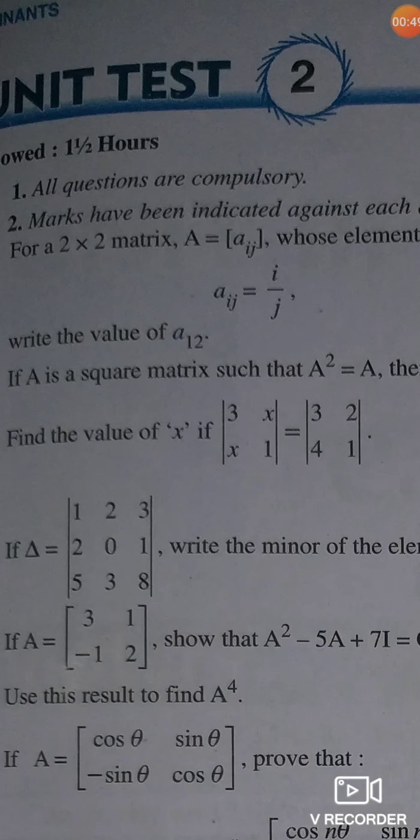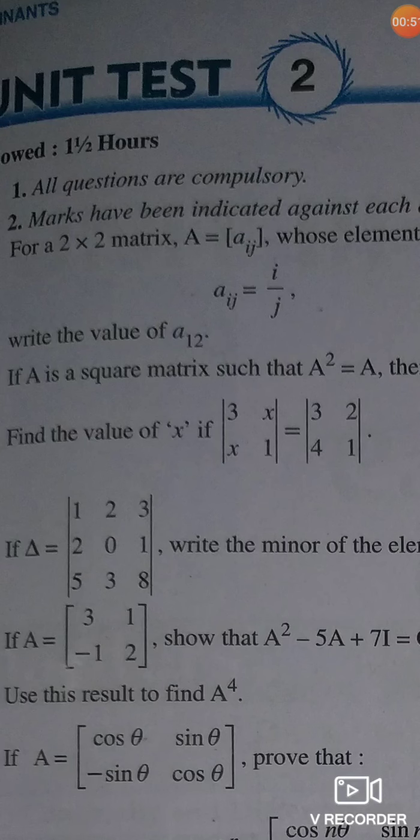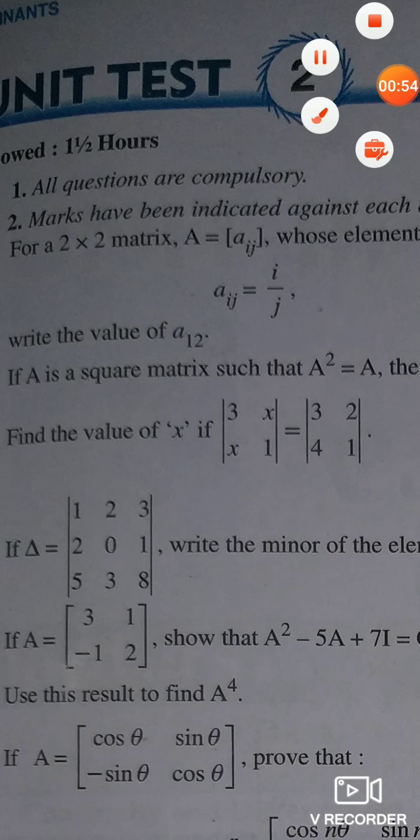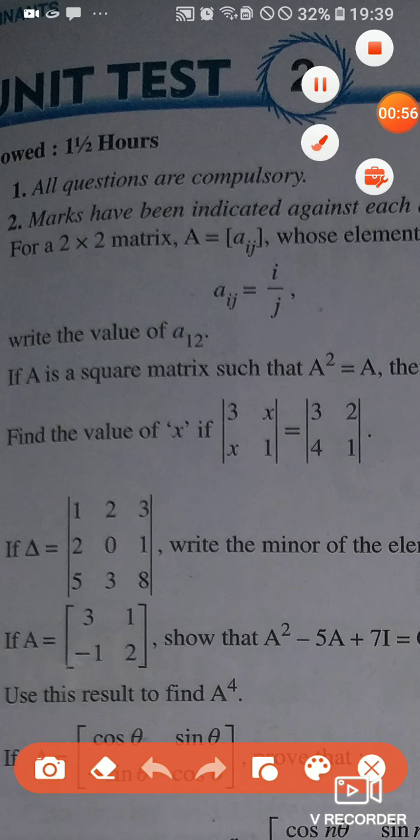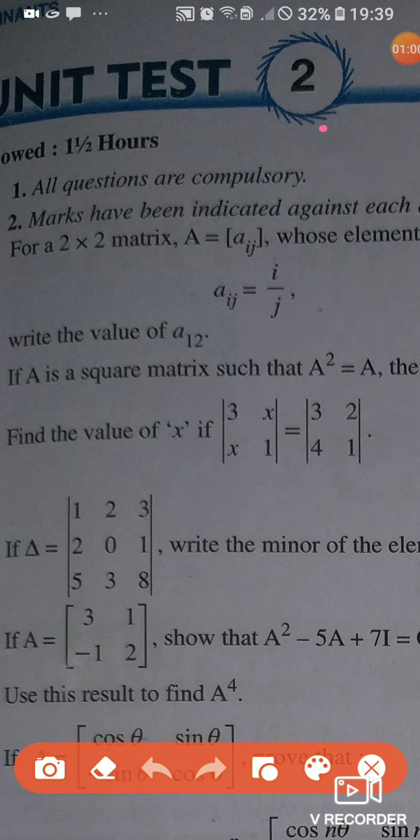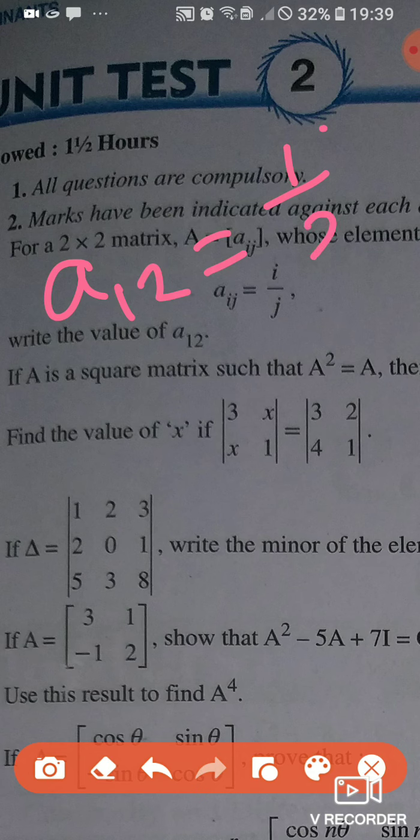For this question, you will put i equal to 1 and j equal to 2. Therefore, Aij, meaning A12, will be 1 upon 2.